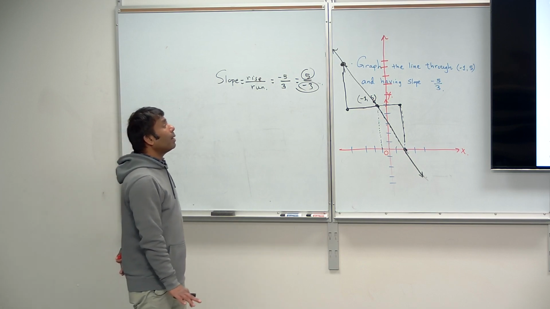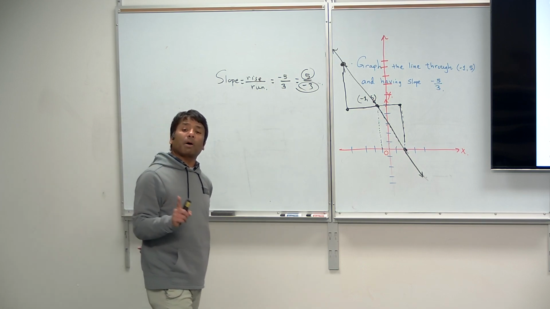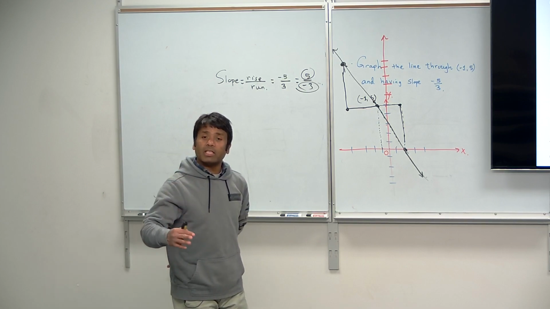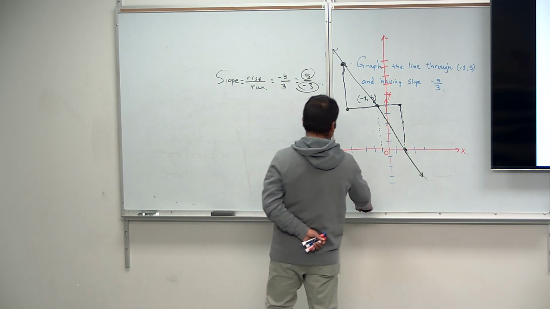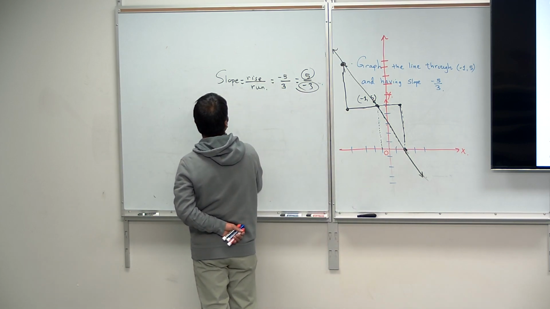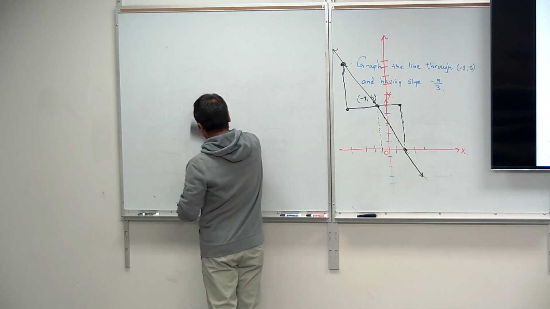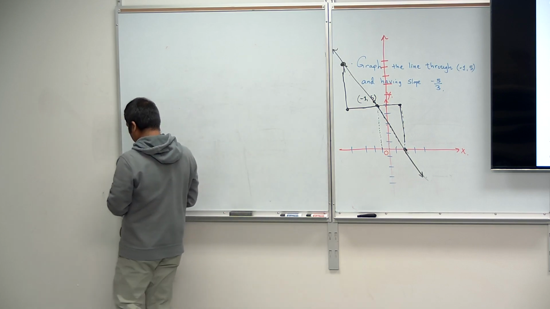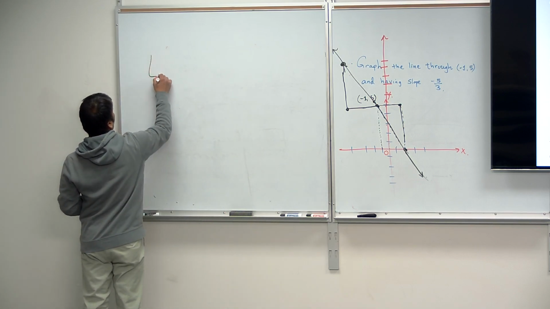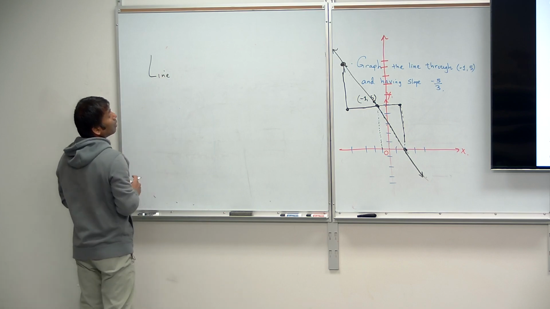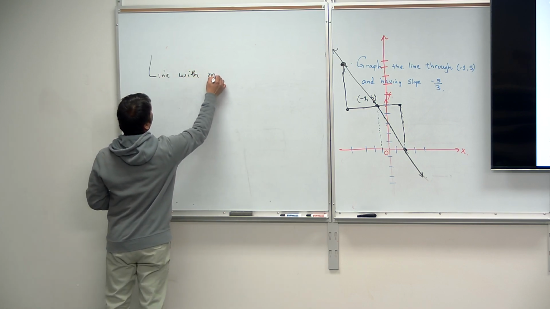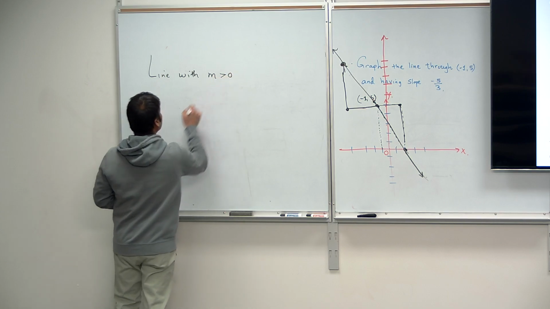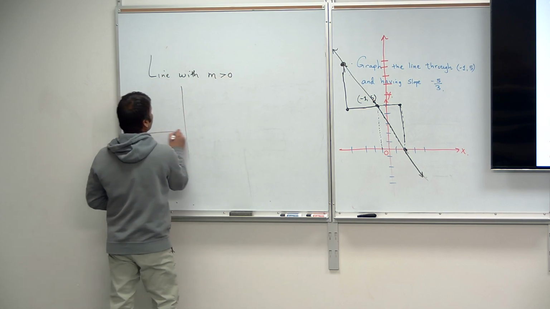Okay. So now, if the line has a positive slope, it will rise from left to right. So what does that mean? If a line has a positive slope, with m positive, it rises from left to right.